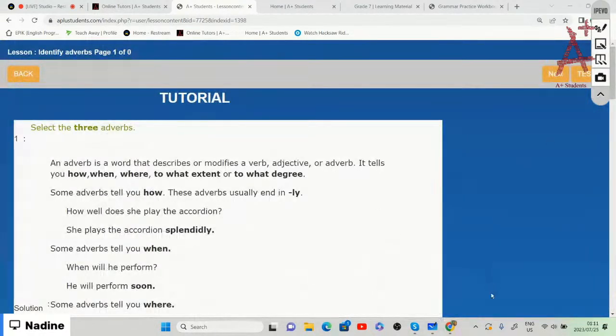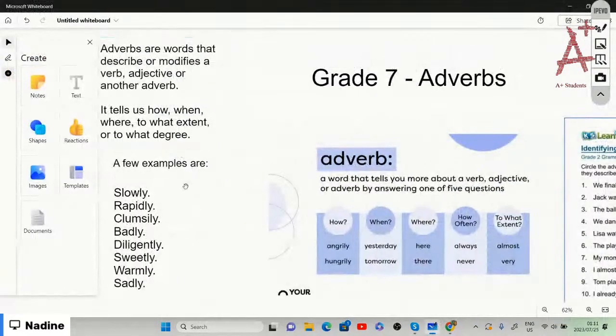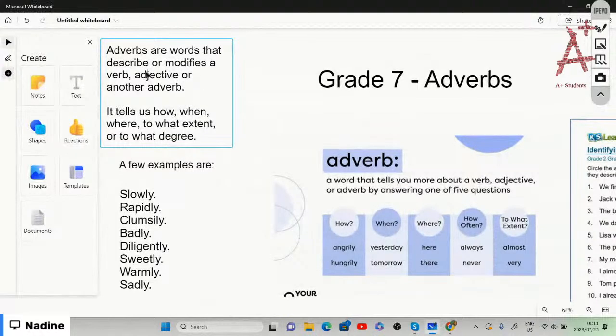All right, so before we go on to our test, we say that an adverb is a word that describes or modifies a verb, adjective, or another adverb. And it tells us how, when, where, to what extent, or to what degree.